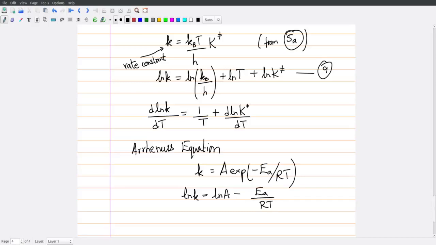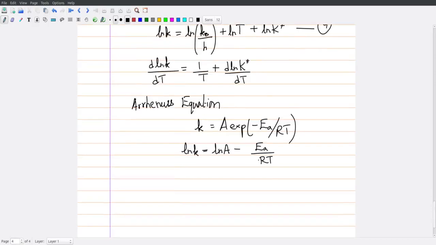Again, if you differentiate this with respect to T, you get d of ln k by dT equal to EA by RT square. Let's call this equation 12.